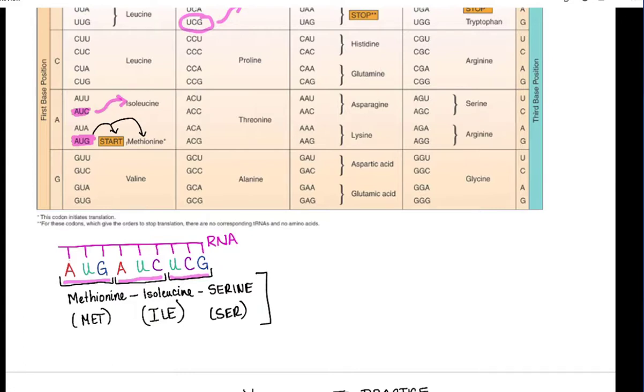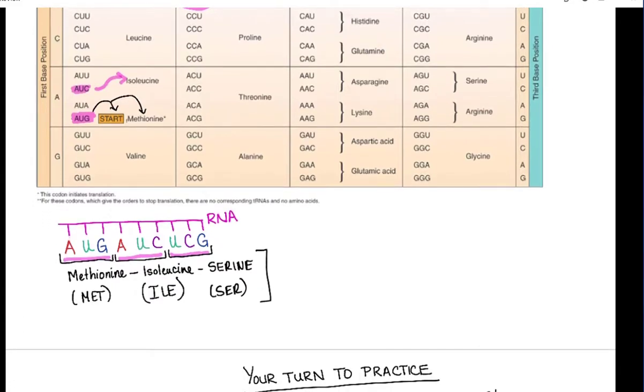I'll go ahead and draw this out real fast. That's my backbone, and now I'm going to go ahead and draw in the residues for each one of these.